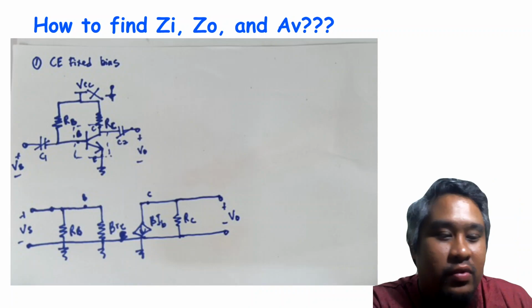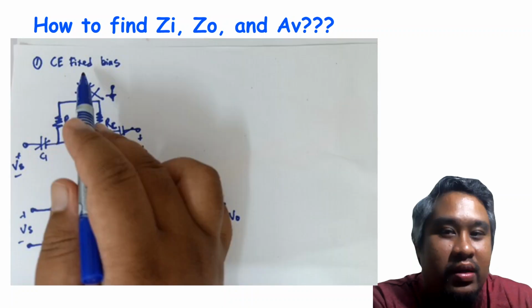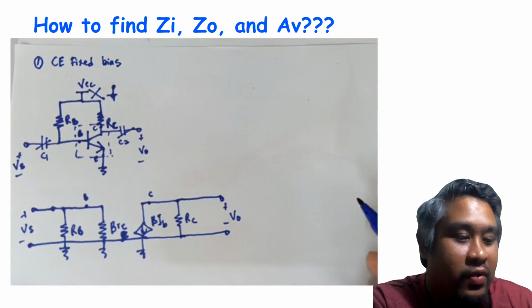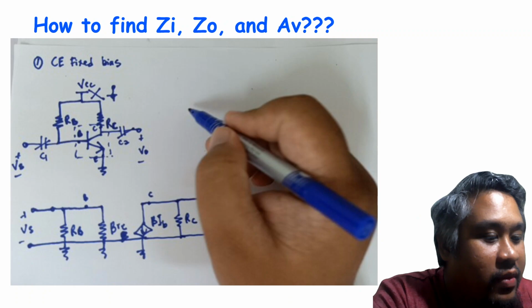We have converted these circuits to the re model for the common emitter fixed bias circuit configuration. Actually we have another step. So this one is RB.